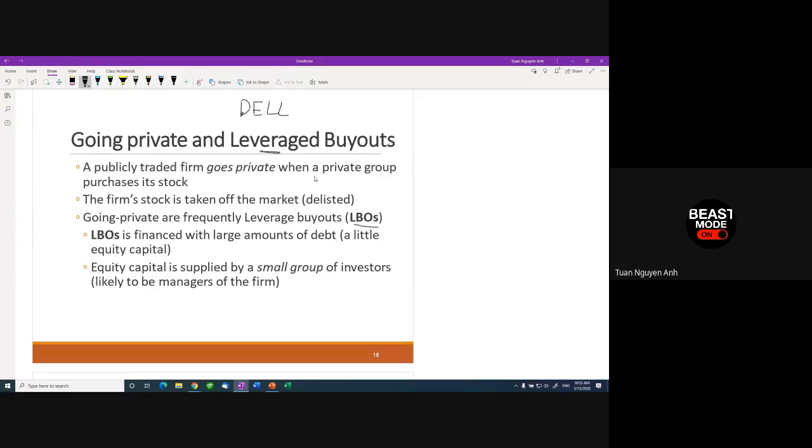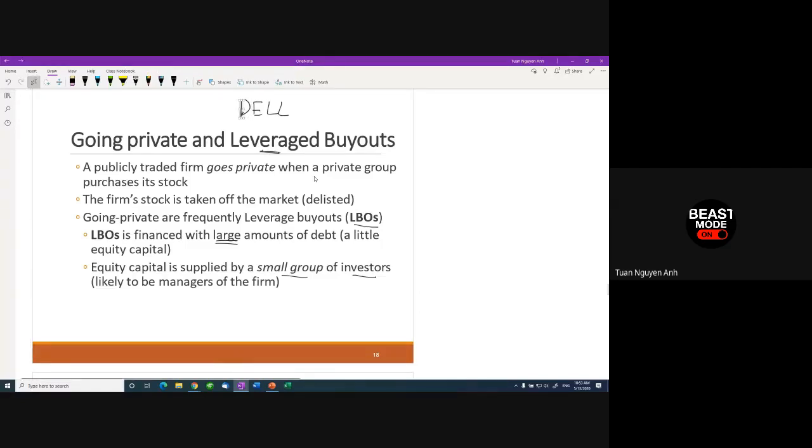They are financed with a large amount of debt. Equity capital is supplied by a small group of investors, and because it is a small group of investors, they are a private company. That is how to go from public to private.